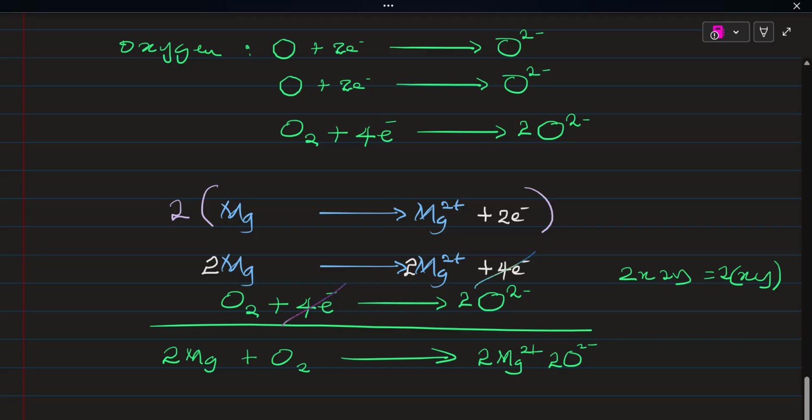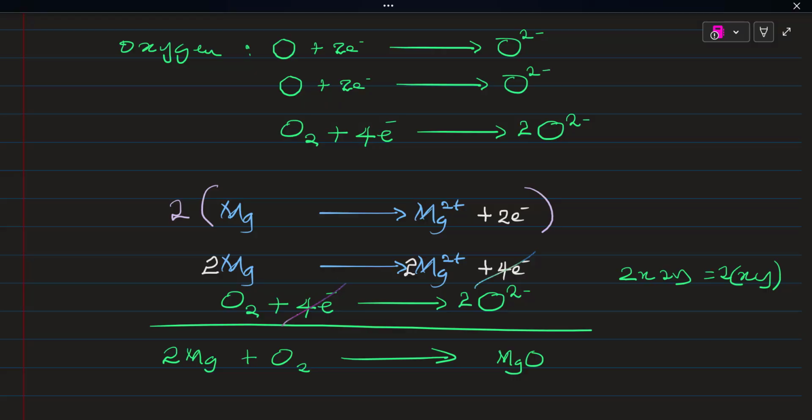So I will erase these 2 and these 2. I will erase them, bring this close to this. So let me write this clearly. This is 2 plus and 2 minus. They can cancel each other. So we cancel this. So bring them closer again.